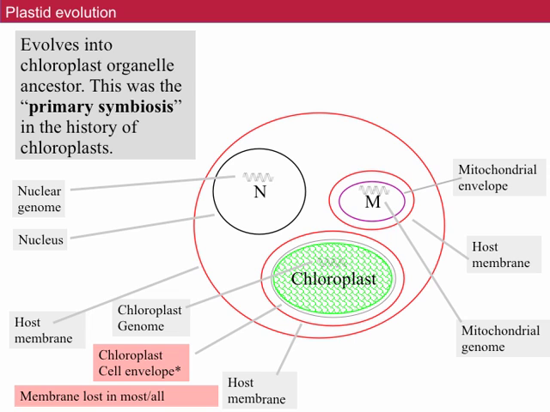But in some chloroplast evolution, the peptidoglycan is still there. So it appears that in some lineages, peptidoglycan was kept, and in others, it was thrown away. So you're left with basically the outer membrane, which is the host membrane, and an inner membrane, which is the cyanobacterial membrane. And that's what it looks like if you look in the cell for the simplest of the eukaryotes that have chloroplasts.